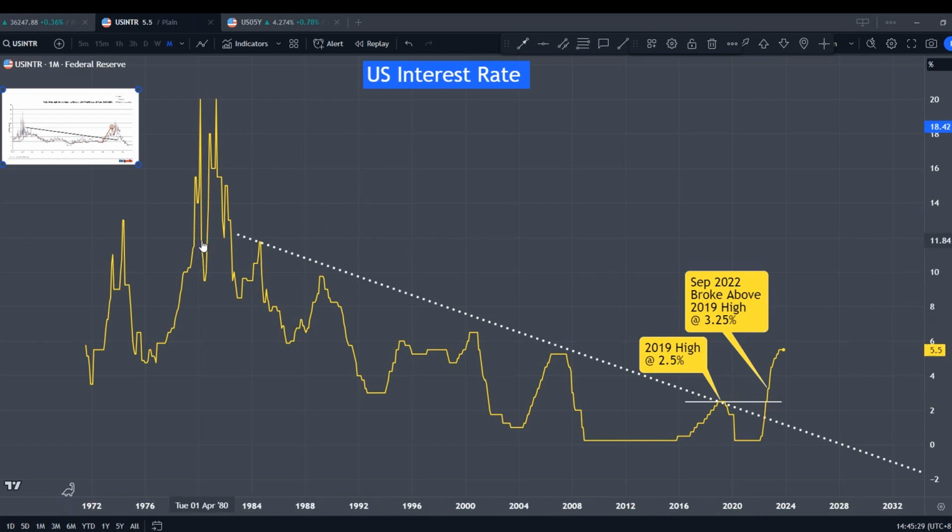In the 80s, we can see the interest rate reached its high at around 20%. From the 80s into the millennium, we could see a general trending down of interest rate, a decline until March 2022. The interest rate finally broke above this downtrend line.